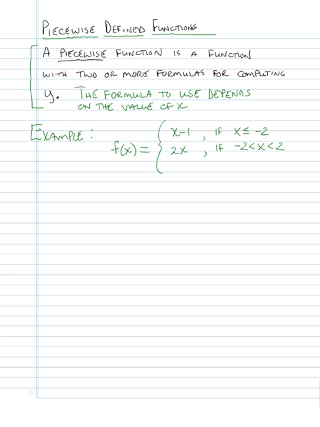And if it doesn't satisfy either one of those conditions for x, then we use the formula x squared to calculate y. We use that formula whenever we have an x value that is greater than or equal to 2. So we might have more than 3 rules. Usually it's 2 or 3, but we could have more. So this is an example of a piecewise defined function.